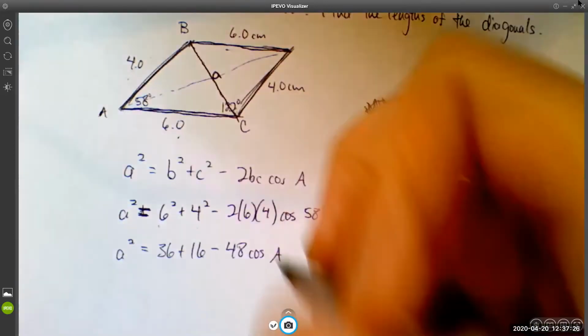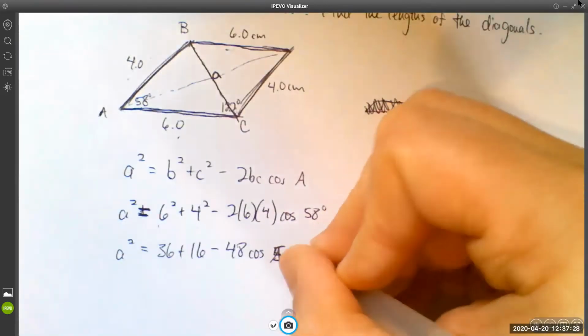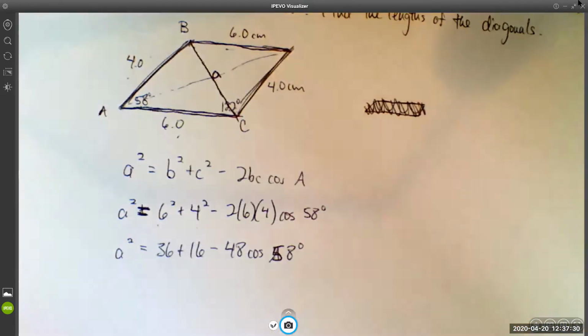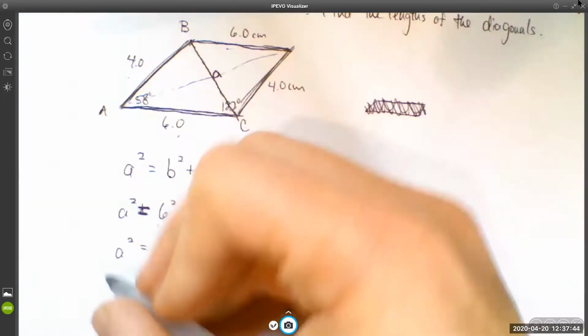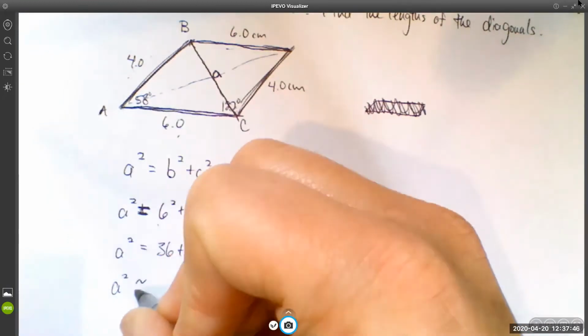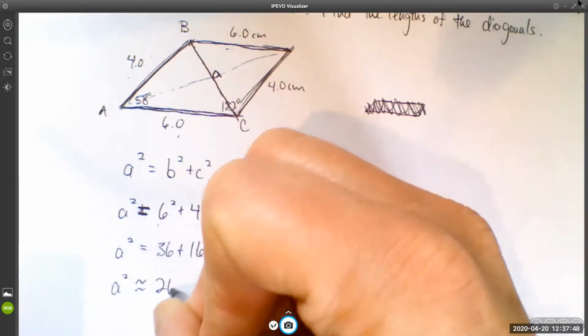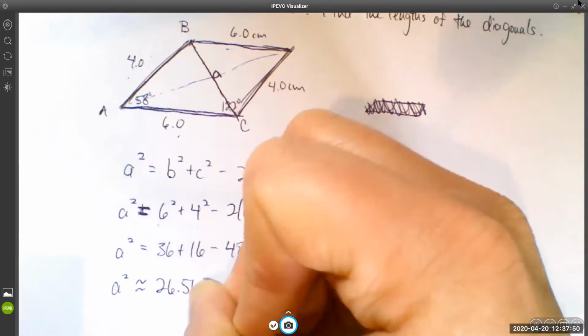Let's punch this into our calculator. 36 plus 16 minus 48 cosine 58. So A squared is approximately 26.5639.